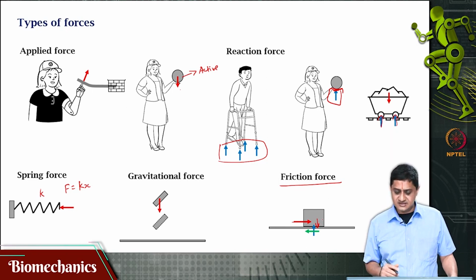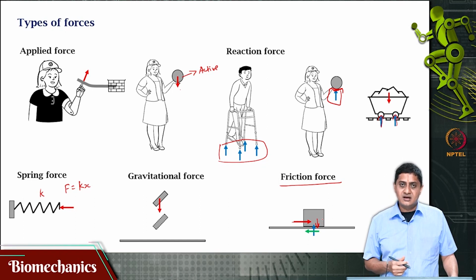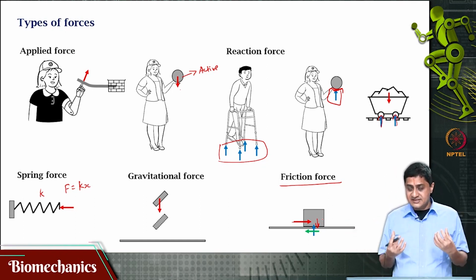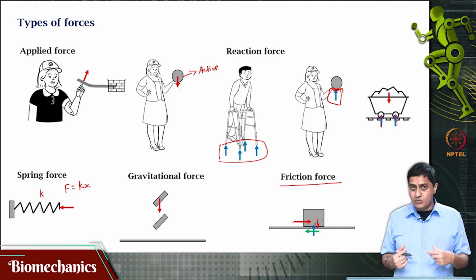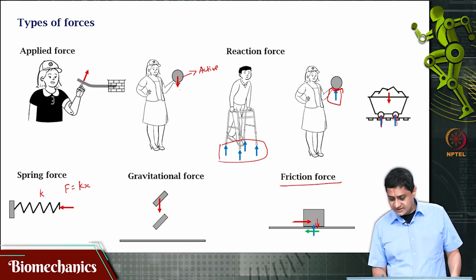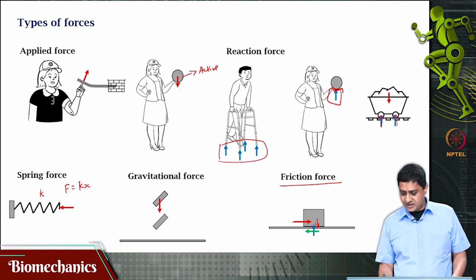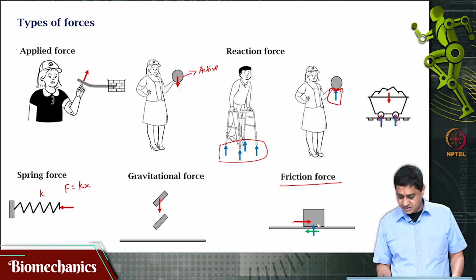Let us say this block has the weight 1000 newtons, then because this block is not accelerating downwards, this table or the surface is applying a 1000 Newton force in the upward direction, that is shown in blue here. This is the normal force.